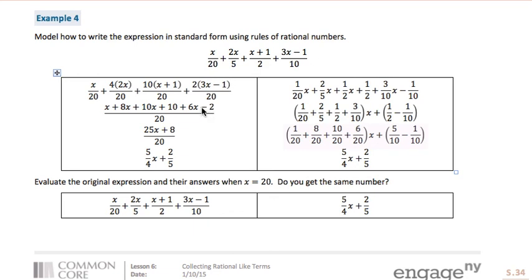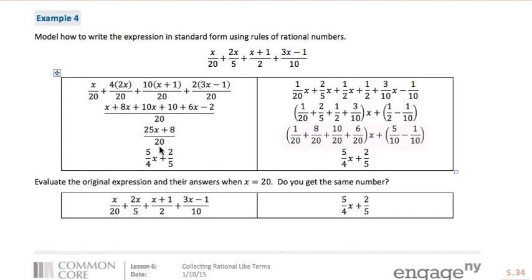Now, I would also suggest that this be written as plus negative 2, since it follows what we've been doing all along. And then when we combine like terms, we would have 25x. x plus 8x is 9x, plus 10x is 19x, plus 6x more is 25x. And our constants would be 10 minus 2, or 10 plus negative 2, which is 8. So now we have 25x plus 8 divided by 20.